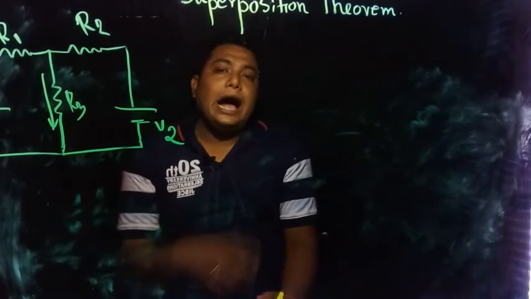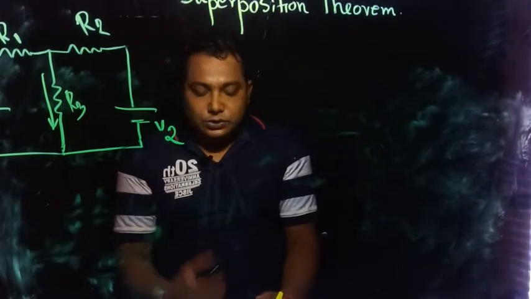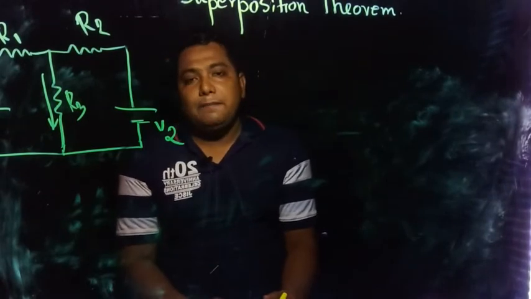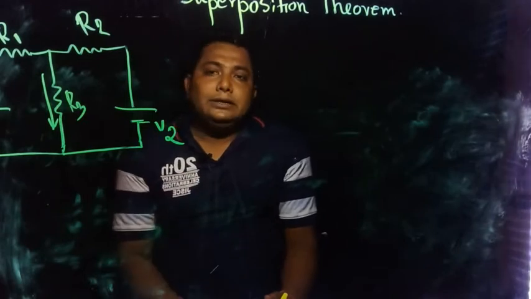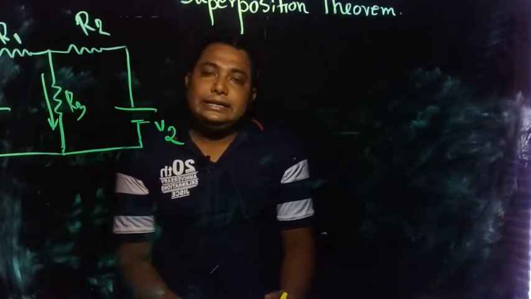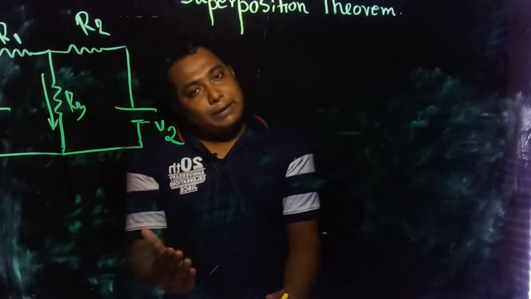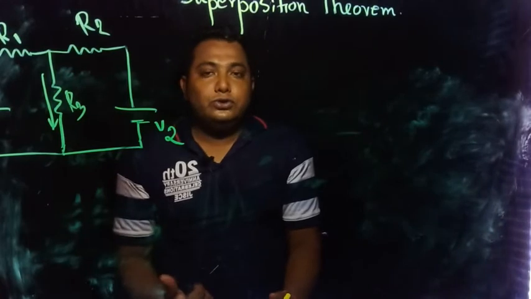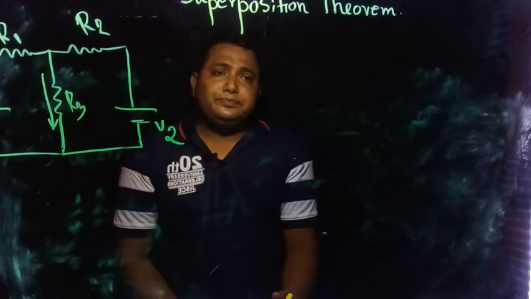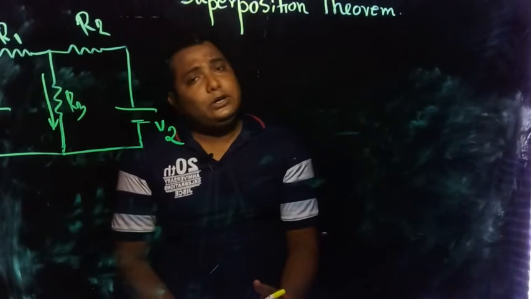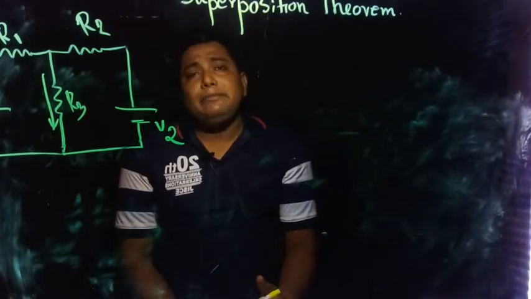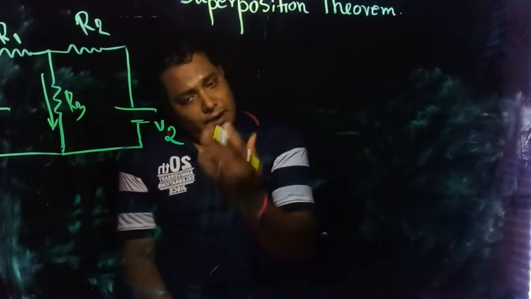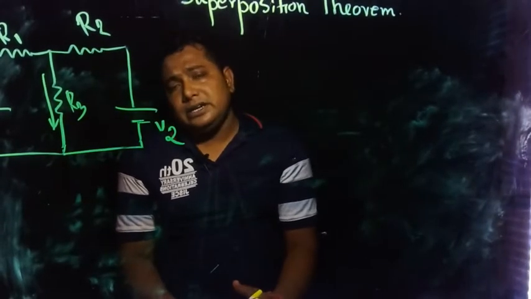Now the point is how we can solve using the superposition theorem. In a linear bilateral circuit which contains at least two sources, we can apply the superposition theorem. That we have understood till now. Now what is the procedure to solve? When a circuit contains two or more sources, as per the superposition theorem, we can consider a single source at a time, and for that source find out the branch currents and branch voltages.